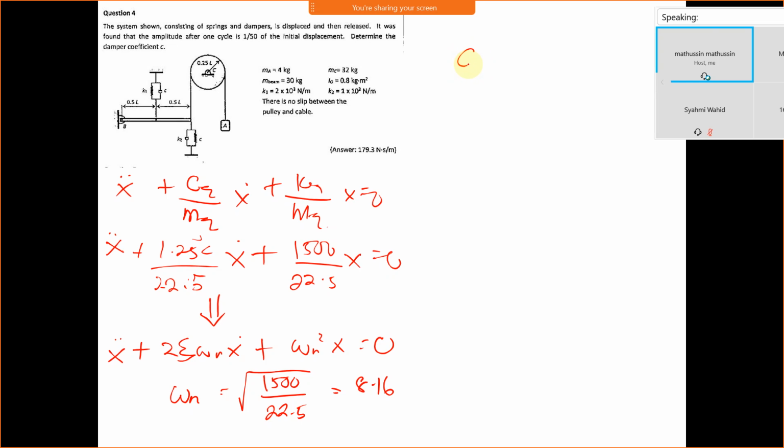C equivalent, mana C equivalent tadi? Okay, 1.25C. 1.25C divided by 22.5 equals to 2 zeta omega n, which is 8.16.